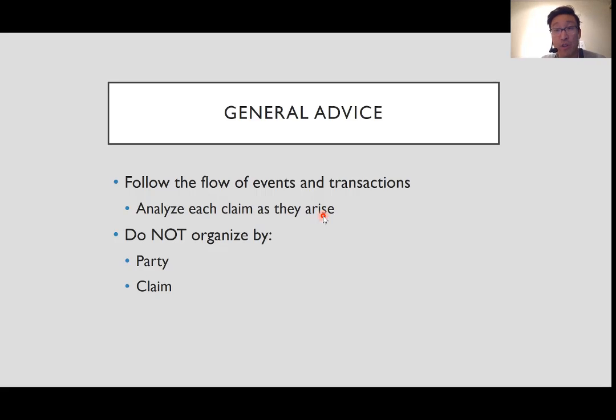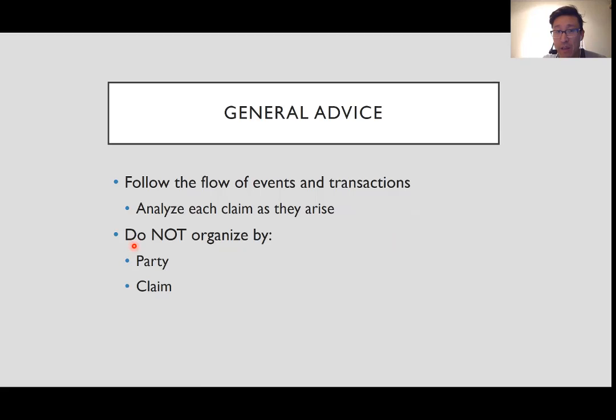Now, of course, you're not just typing right after you read. You're going through several rounds of reading without writing out your actual answer, but sketching out notes. But as you do that, you still want to plan, generally speaking, in the order that things happen in the hypo.